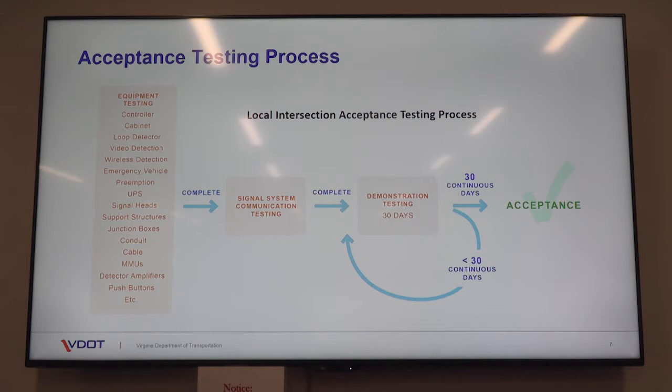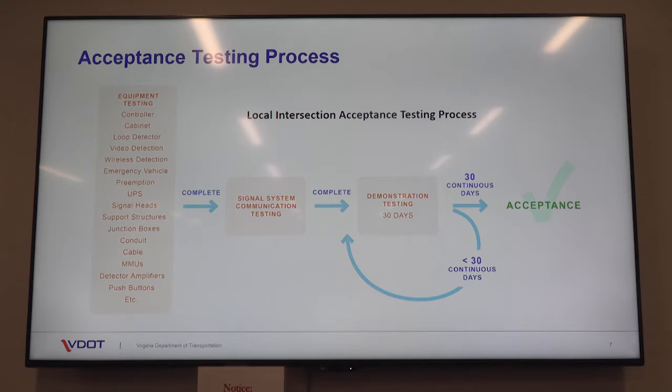And if there's any part of the signal that needs to be repaired or replaced during that time frame, that specific item or component then enters into an additional 30 days of demonstration. So say 5 days into the demonstration testing period, something needs to be replaced.